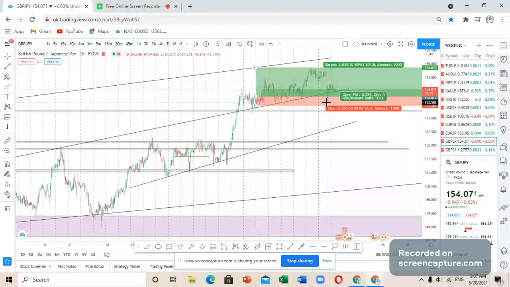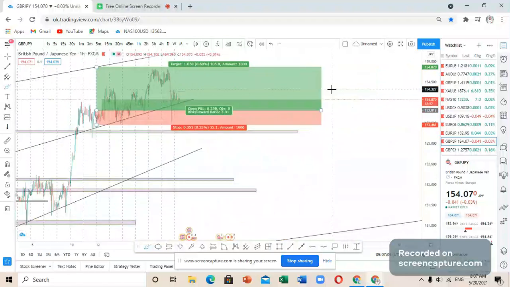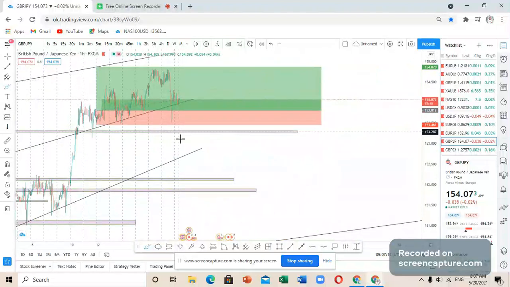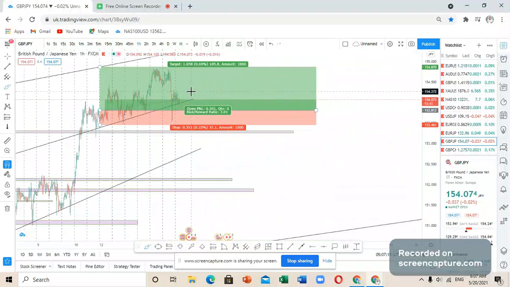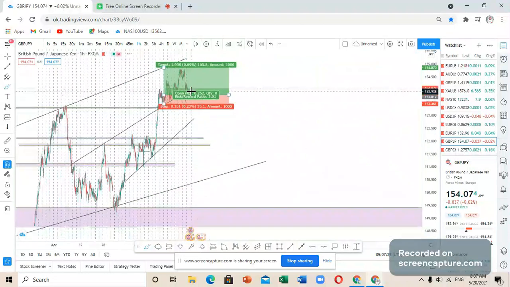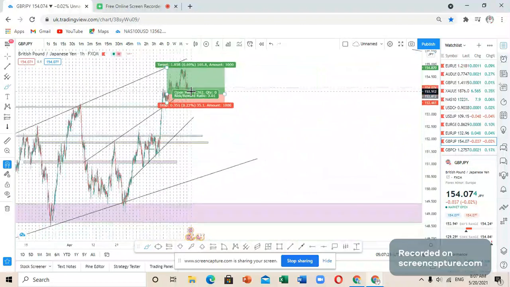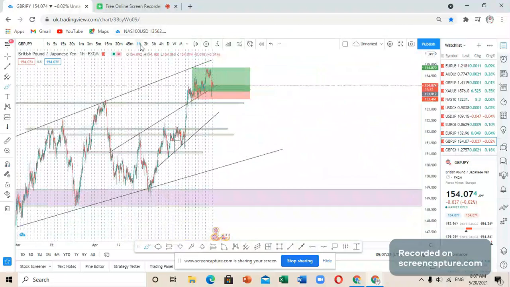So we had a test to the downside here, but then the markets made a correction there. So we are expecting the markets to either move to the downside for a retest here, and for them to move to the upside, make a breakout, and move to the upside completely. That is what I'm expecting the markets to do.